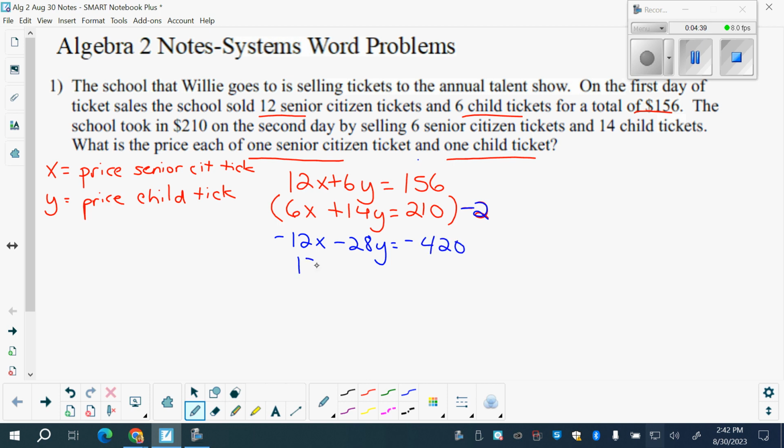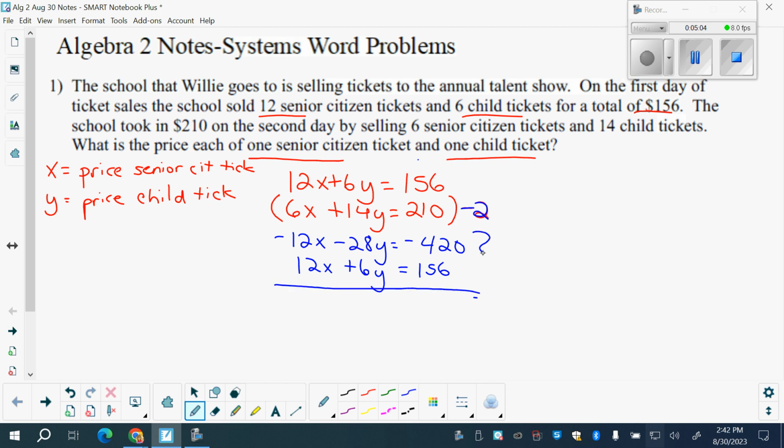And then I'm going to rewrite the first one below it. So I just rewrote this first one here, and then I took this one and multiplied it by -2. So Tracy, what do we do next?